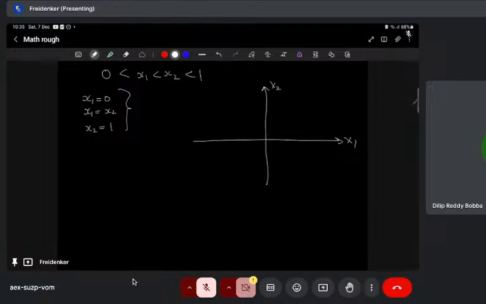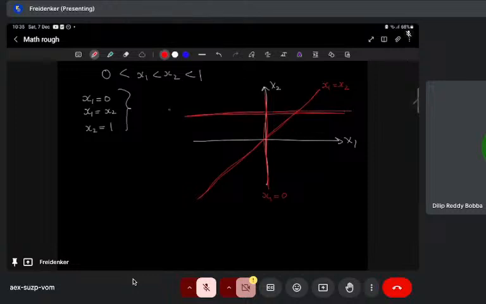So, x1 equal to 0 is this line. The other one is x1 equal to x2, which is this line. The other one is x2 equal to 1. So where is x2 equal to 1? x2 equal to 1 is here. So we got our lines.